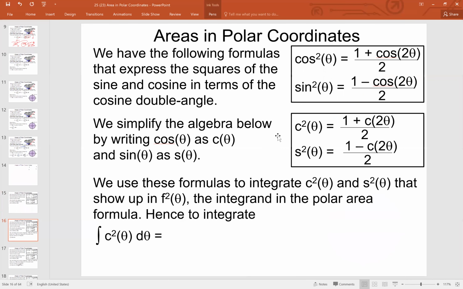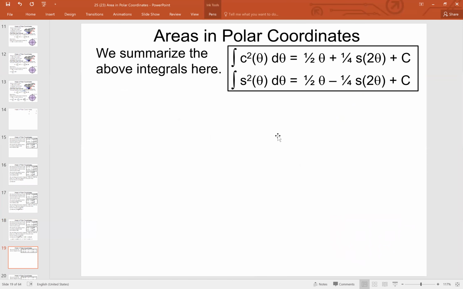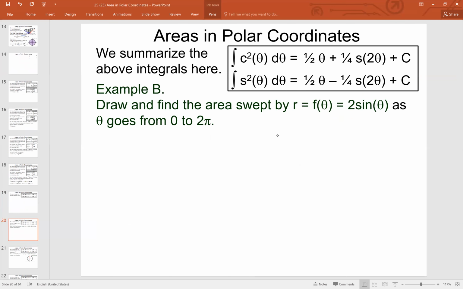This is how we integrate it, and it comes out with these two results. These are nice formulas to know when working through areas in polar coordinates. I'm just going to plug these in as we go along when we're integrating these things.